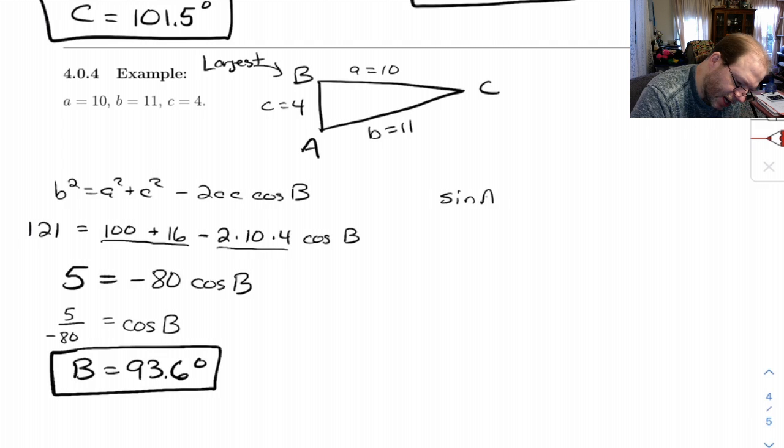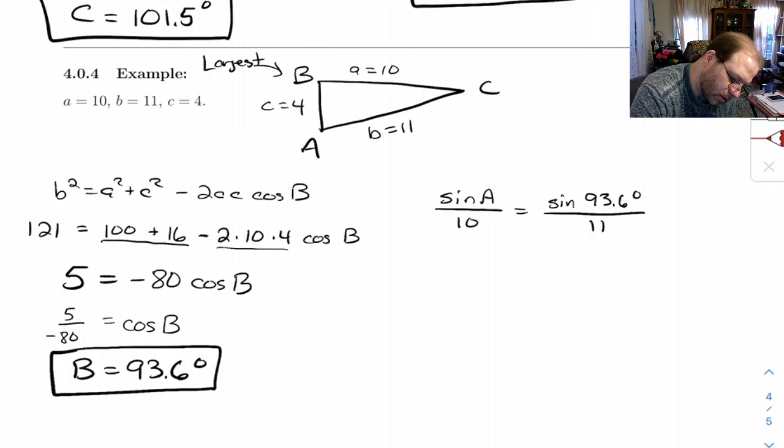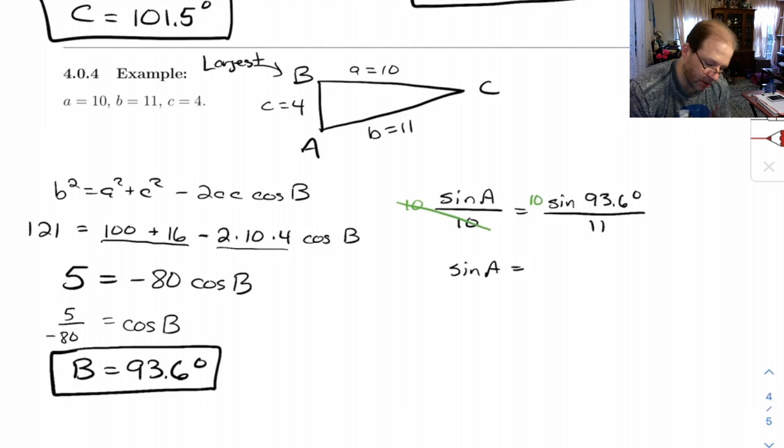Now we can find A or C. Let's just do A. Sine A over little a equals sine B over little b. So you get, multiply both sides of this by 10. And so you get sine A is 10 sine 93.6 divided by 11. 0.907, blah, blah, blah.